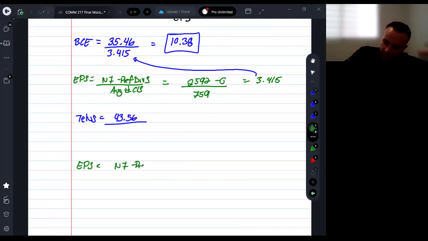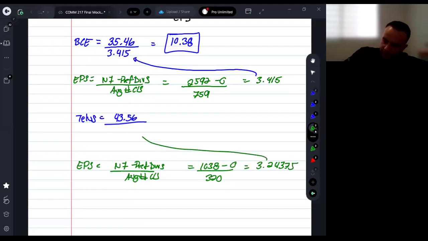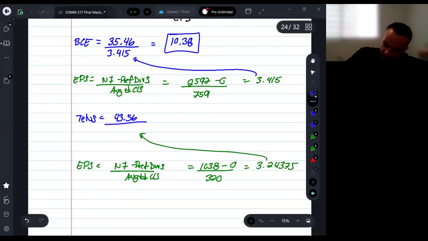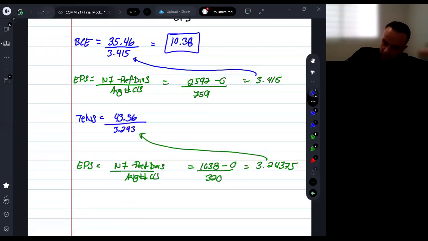Net income minus preferred dividends all over average number of common shares. 1,038 minus 0 over 320 is 3.24375. And you show the number there. We get 13.43.